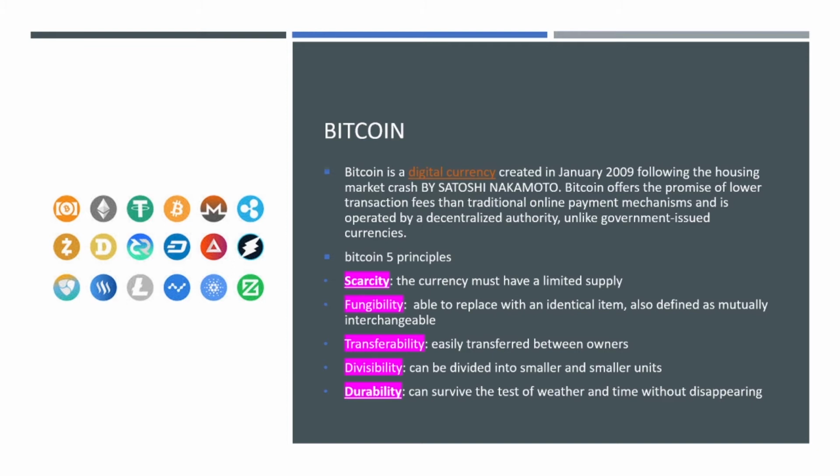Bitcoin offers the promise of lower transaction fees than traditional online payment mechanisms, and is operated by a decentralized authority, unlike government-issued currencies. Government-issued currencies like the US dollar or the British pound were introduced by the central banks of that country. But Bitcoin hasn't got a dedicated country of origin.